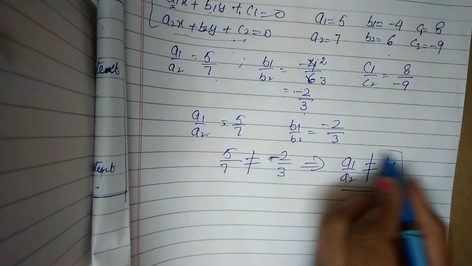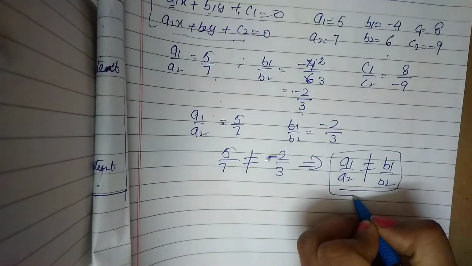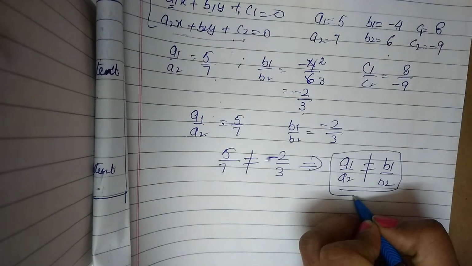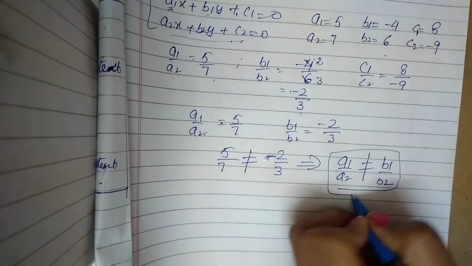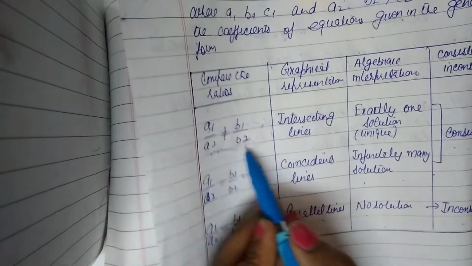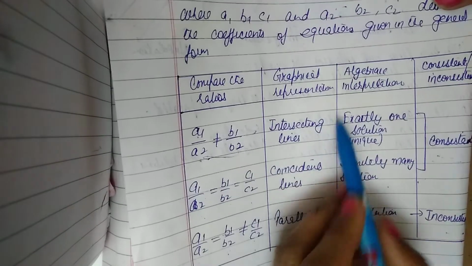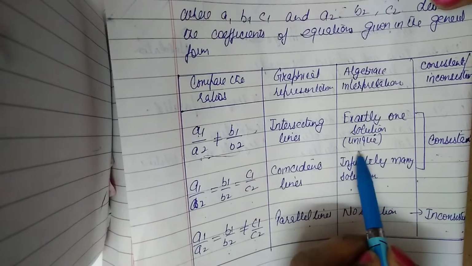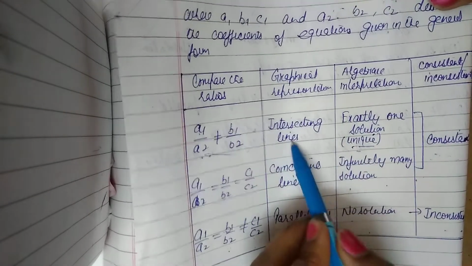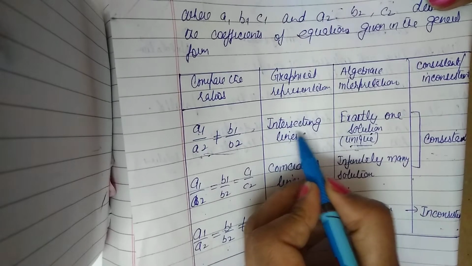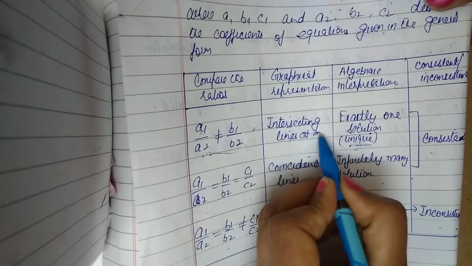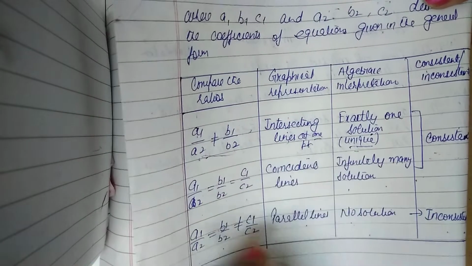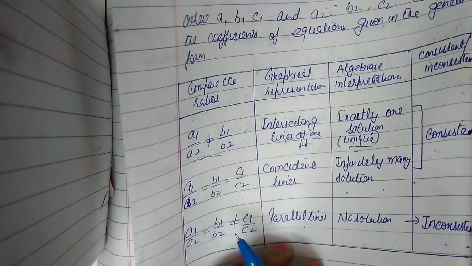If both ratios are not the same, then it is said to have exactly one solution, a unique solution, where the lines intersect at one point.